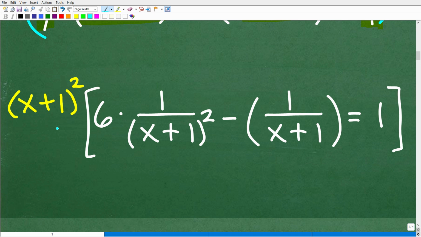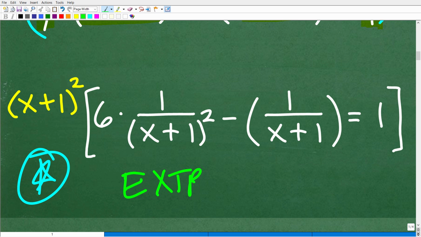Now, what are the implications of me doing this? We have to be on high alert here. Anytime I multiply both sides of the equation by any expression that has a variable in it, like x or x plus 1, does it make a difference? Anytime we do this, we have to be on high alert because right here we can introduce extraneous solutions.